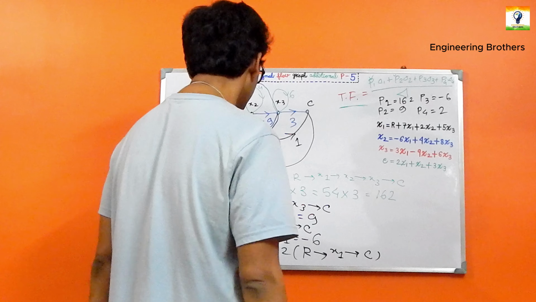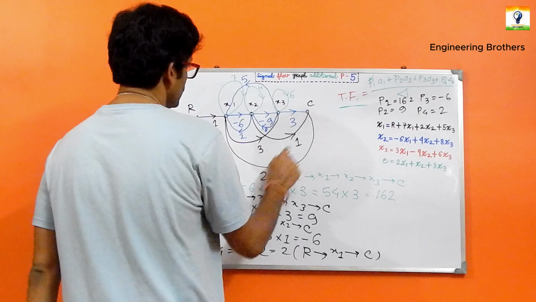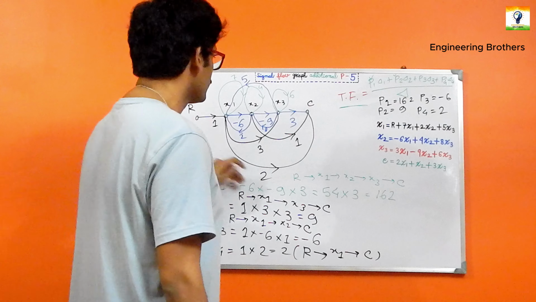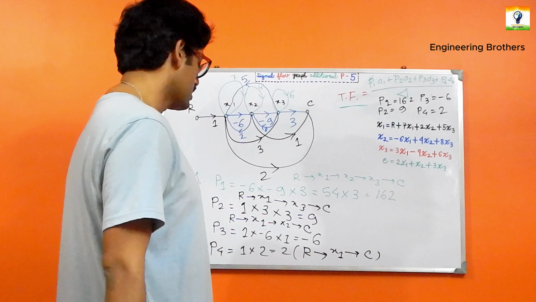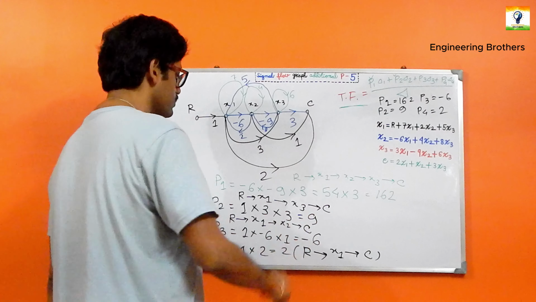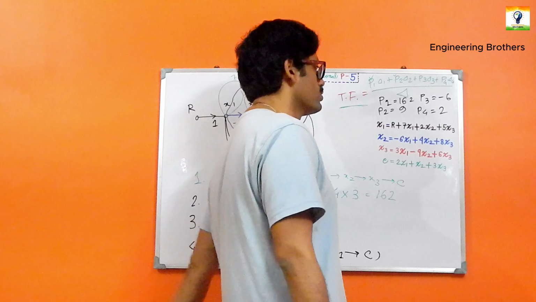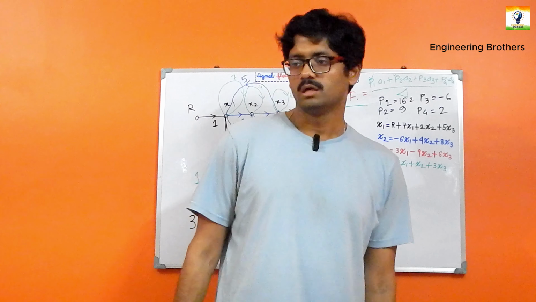In our next part, we have another path from R to X1 and then X1 to C, and the forward path gain for that consideration will be 2. We have enlisted our 4 forward paths.